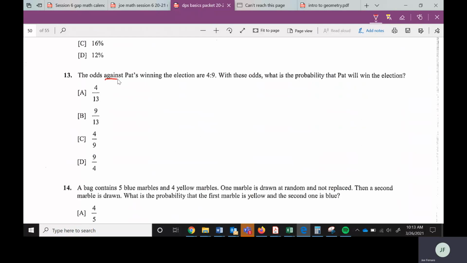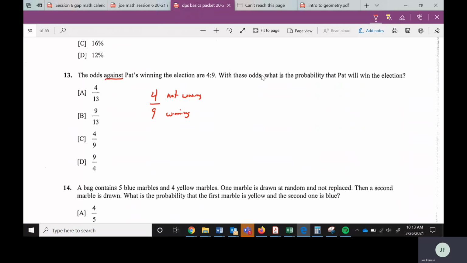Odds against are 4 to 9. That means against winning means not winning. That means there's 9 outcomes where he could be winning, 4 outcomes where he's not winning. Okay, because that's odds.